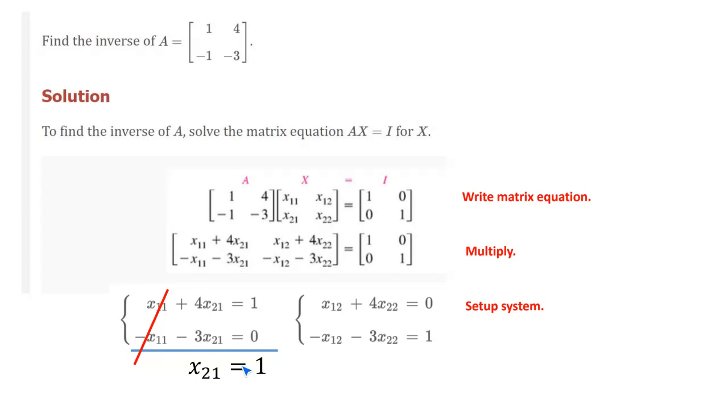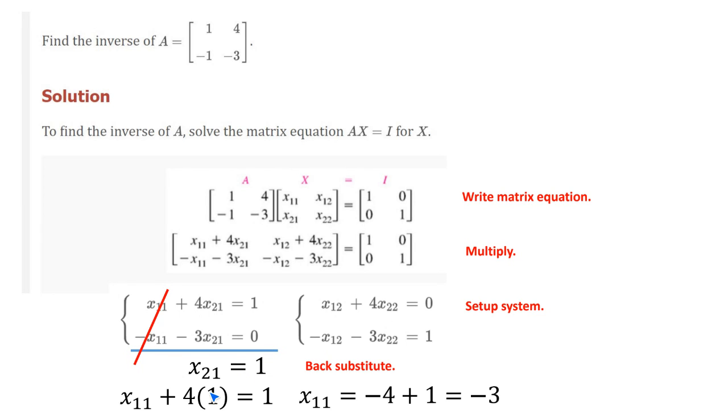Now I know what this number is. Now I take this answer and back substitute into the first equation: x11 plus 4 x21. I already know that x21 is 1, so I substitute it here. 4 times 1 is 4, I subtract 4, so I get negative 4 plus 1, which is negative 3. That gives me what x11 is.